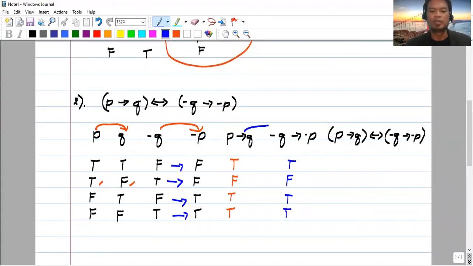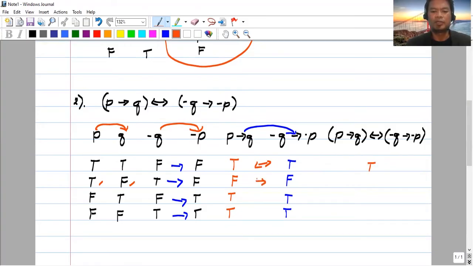Therefore, the final answer would be the biconditional. Again, for the biconditional, take the values of the two propositions: if both are the same, both true or both false, the value is true. So true if and only if true is true.